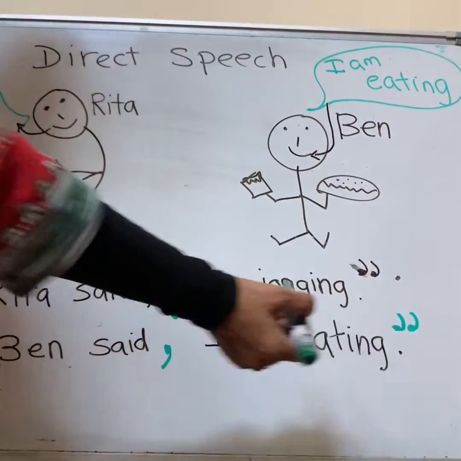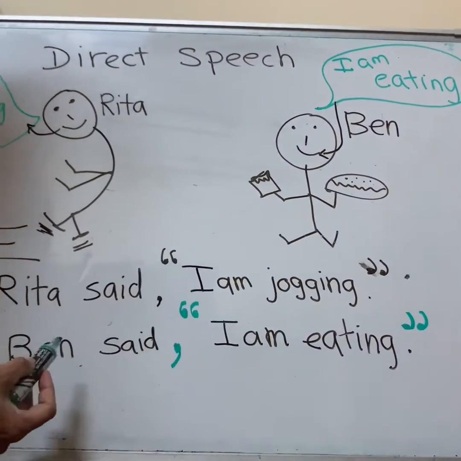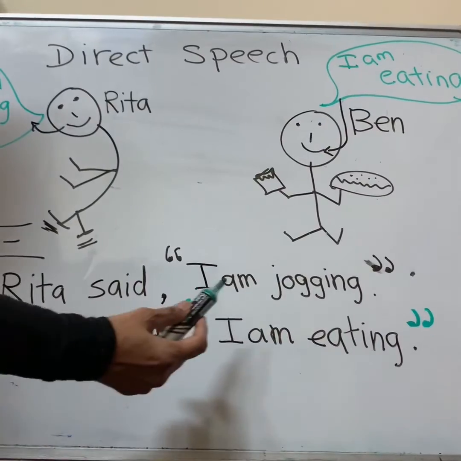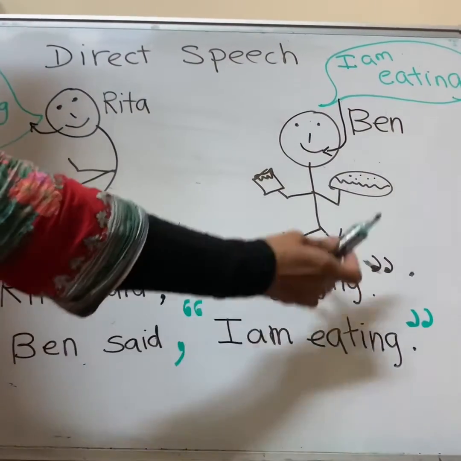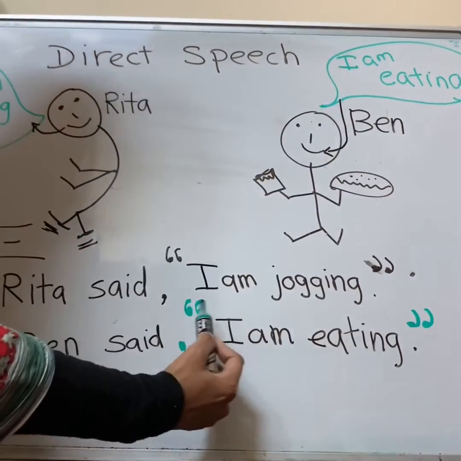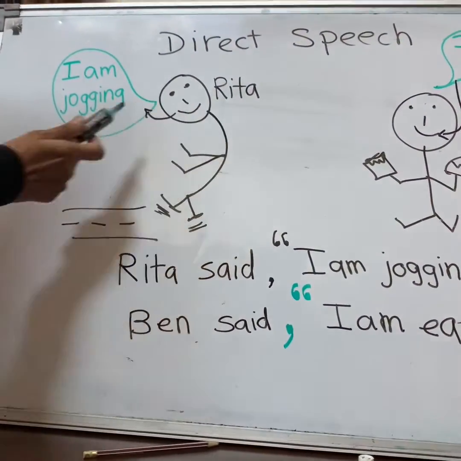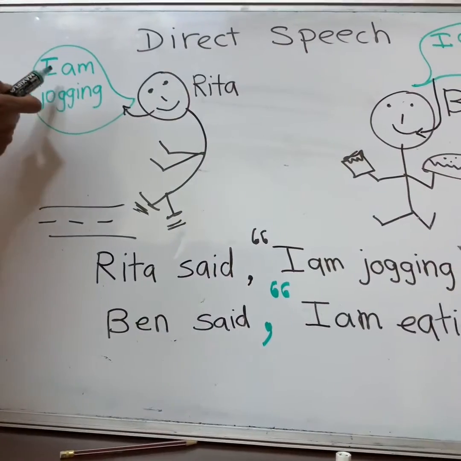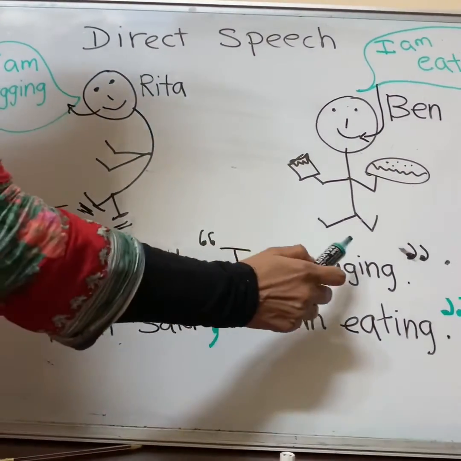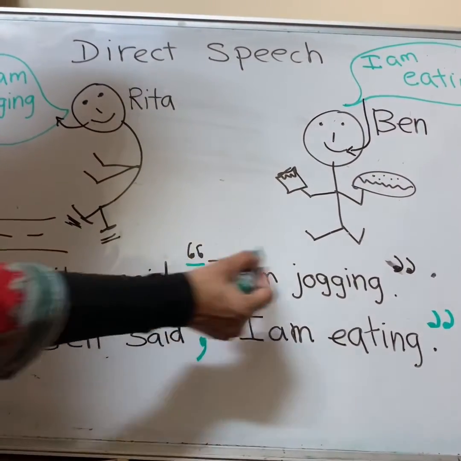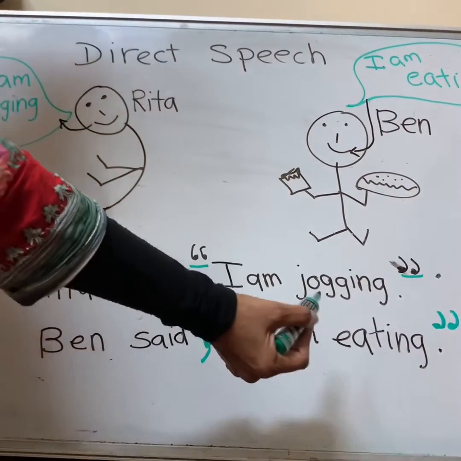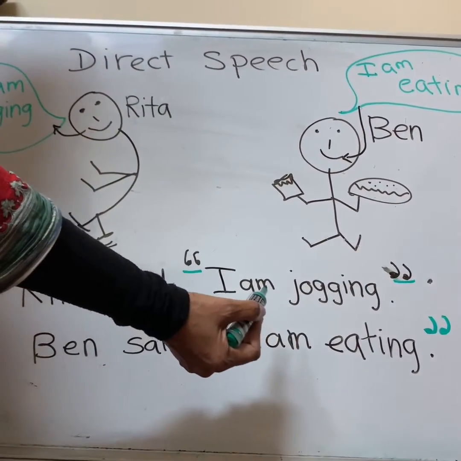That's the last word. Is it clear? So you can see Ben said, I am eating. His words are inside speech marks. Rita said, I am jogging. So her words are inside these speech marks. I hope you have got my point.